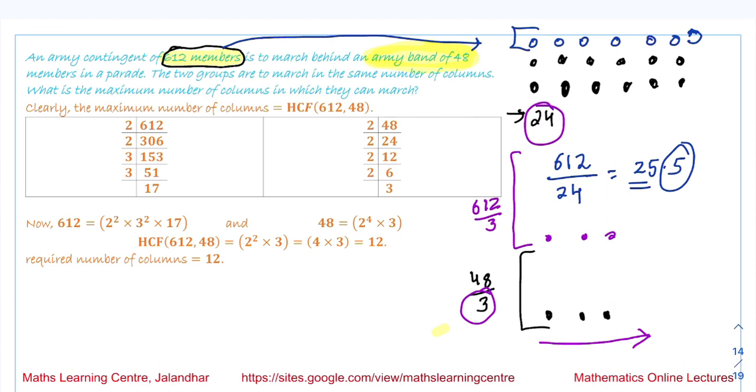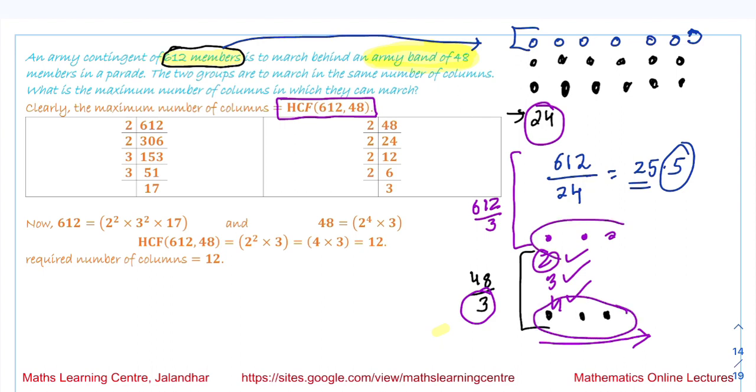So we have to find the maximum number of columns that can work. One thing we can do is manually check. Suppose there are 2 columns, it will work. For 3 it will work. For 4 it will work. We have to check for 5, 6. So in place of this, what we are trying to find is the HCF of 612 and 48. We are trying to find a number which divides 48 and also divides 612 exactly, and that should be the highest number.